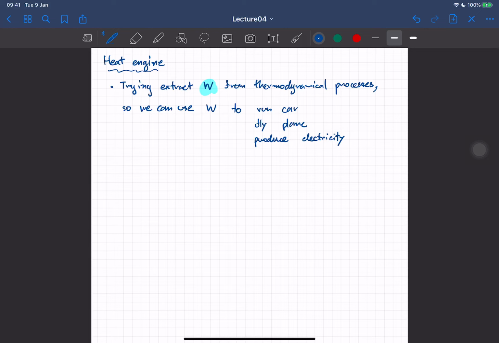A heat engine is one particular engine that we can extract work from, through the expansion and contraction of gas. Another type of engine might not be a heat engine. For example, you might have an electric motor. That's not a heat engine because you just get work from electrical energy.